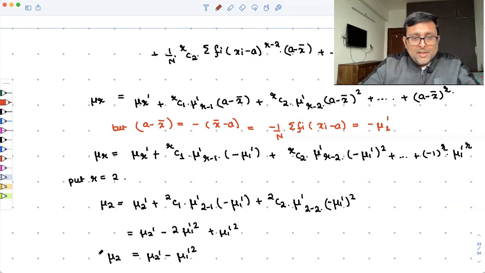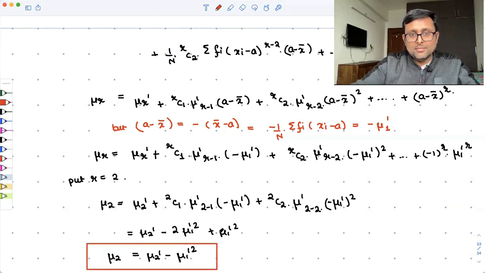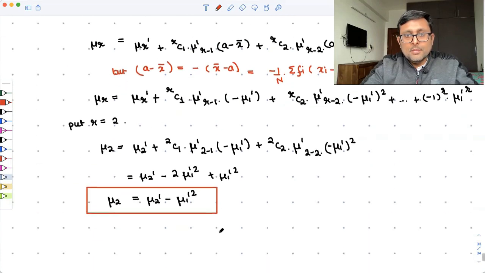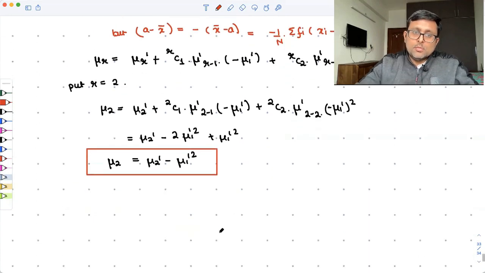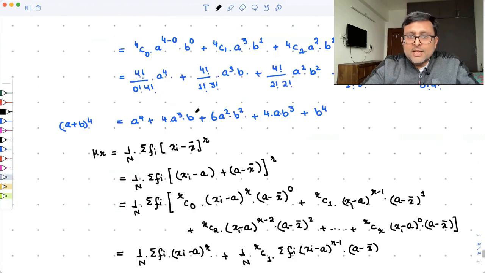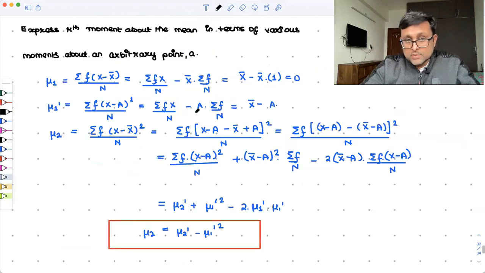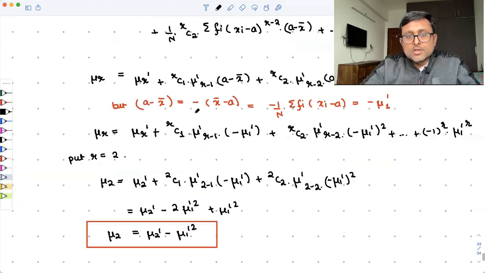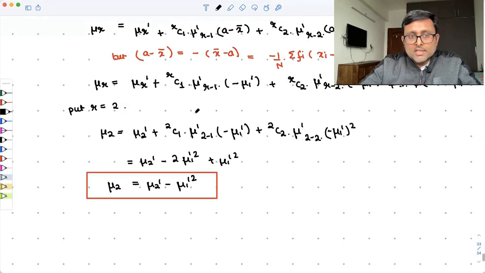Now, only for this formula, I think the binomial theorem would look more cumbersome. But when you go into higher orders, for example, when you try to find mu3, then doing it by the formula method is going to be very cumbersome. This is what I feel, right? So you've derived the general formula.